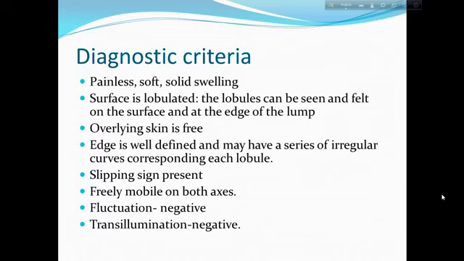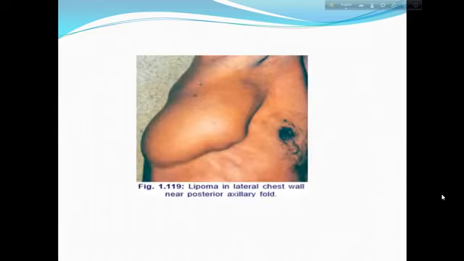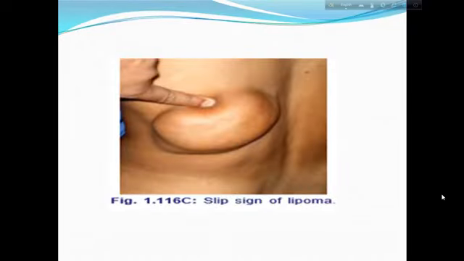Another, transillumination test: where positive, there is a transparent fluid present in the swelling, but in case of lipoma there is no fluid and it is not transparent, so the transillumination test is negative. This is a large lipoma in the lateral chest wall near the posterior axillary fold. This is a figure of slipping sign, how to elicit the slipping sign.